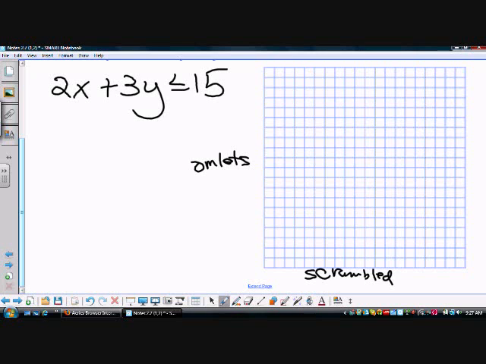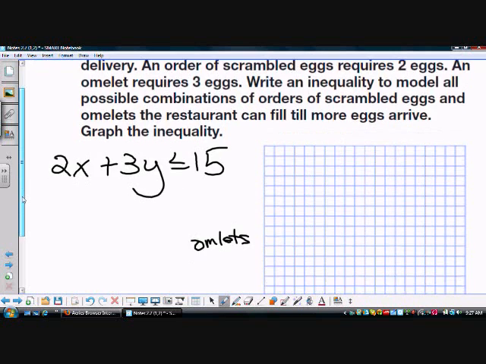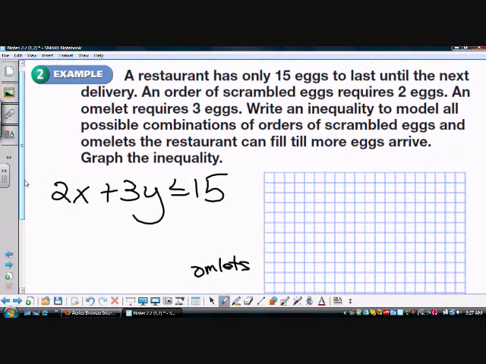I can make no more omelets, I can make one more omelet, two more omelets. And then why the 15? So the total number of eggs doesn't vary. It's not a variable. That's got to be my constant. And my rates are 2 and 3.